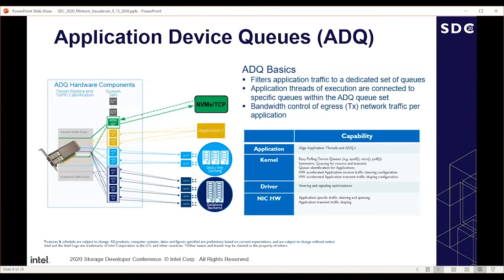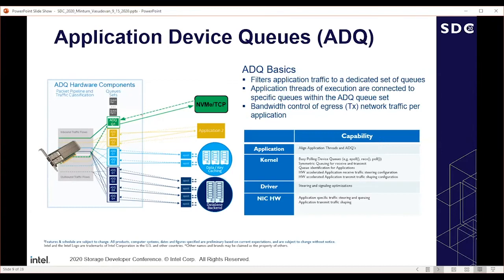Additionally, you can apply bandwidth control for egress traffic, which can be used to shape traffic per queue set, enabling better bandwidth sharing between applications.